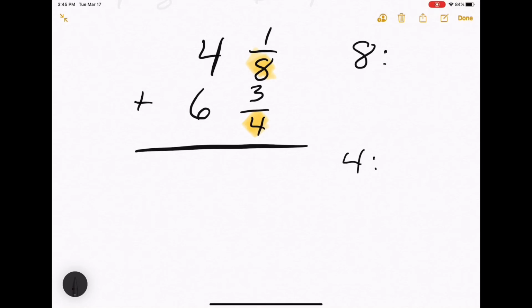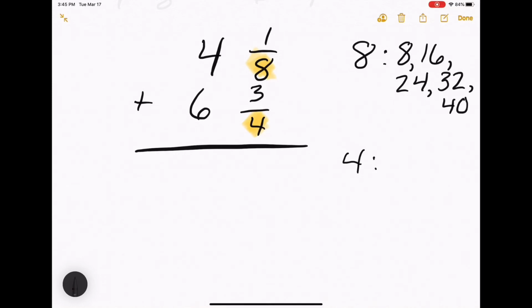Then I list the next 4 multiples after the number itself. So for 8, it's 8, 16, 24, 32, and 40. And for 4, it's 4, 8, 12, 16, 20, and 24.